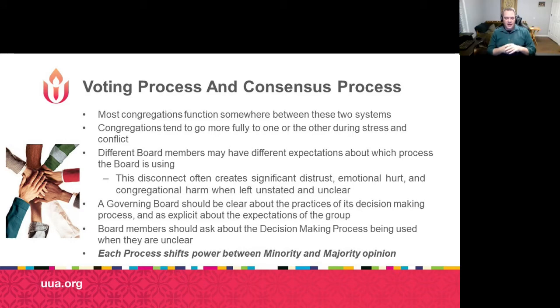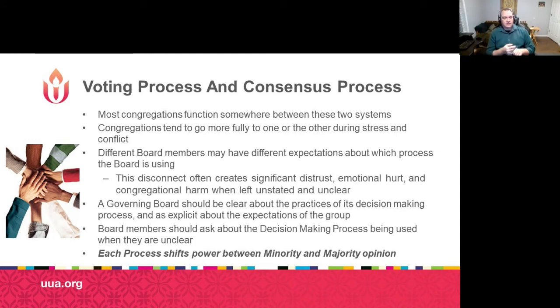One of the hybrid adaptations of this is that a congregation board commits to using consensus process until consensus process cannot reach a decision for a period of a certain number of board meetings, in which case then and only then will the board engage a voting process. Or when it's determined that the decision is so time critical that it would cause irreparable harm if consensus process did not lead to a decision.